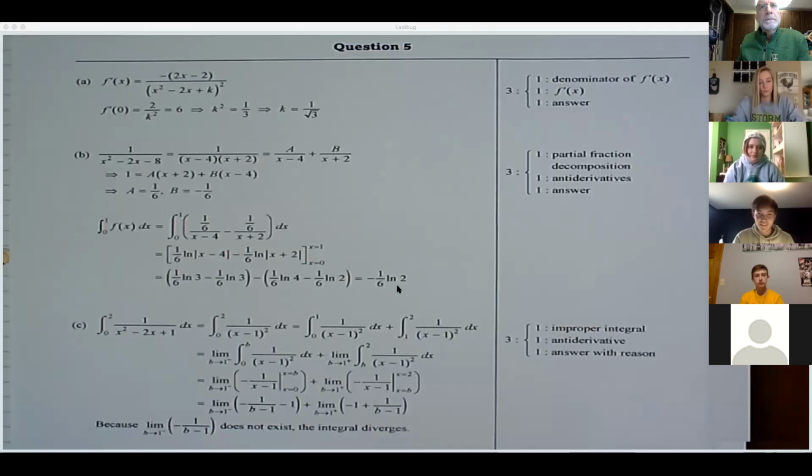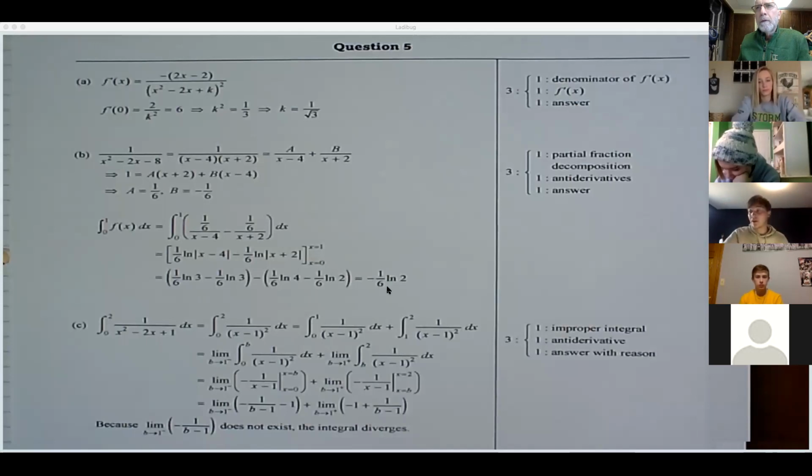I got a different answer, but it's still right. It's kind of interesting. What did you have? Oh, it's because when I did it, I split up the integral, which probably makes more sense to do it this way. Did you come up with this answer?